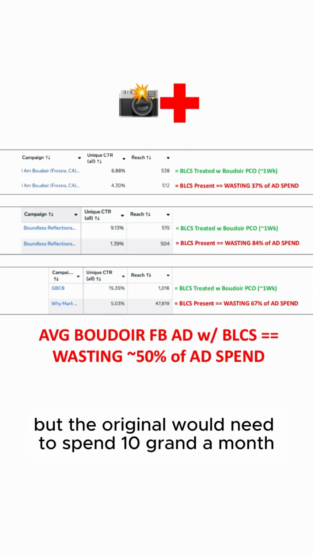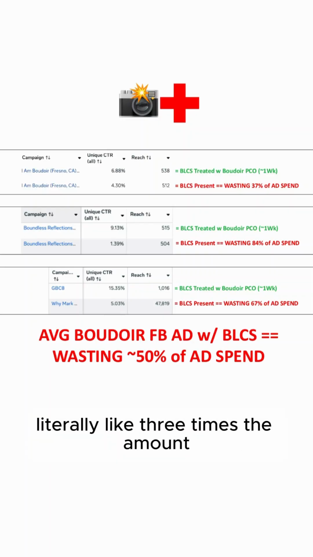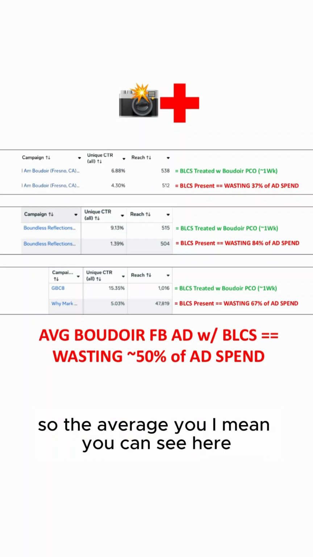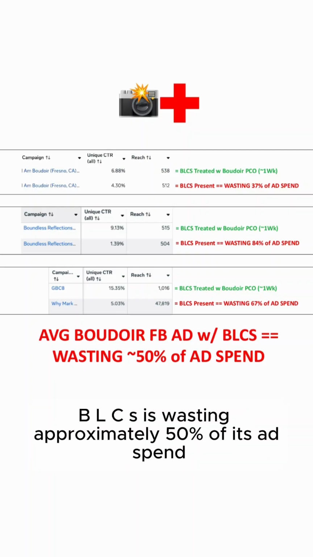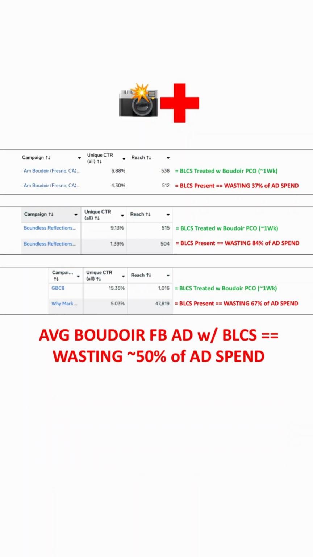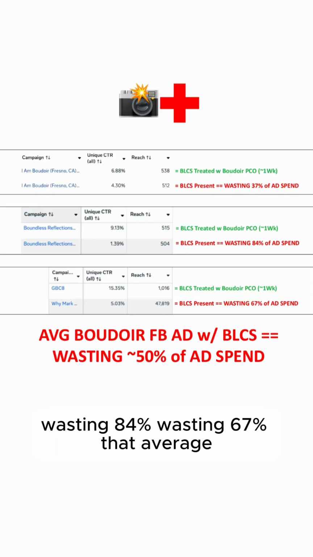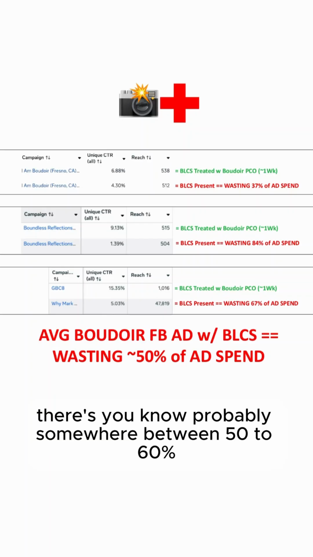But the original would need to spend 10 grand a month, literally like 3 times the amount as the Boudoir Pico treated one. So the average Boudoir Facebook ad with BLCS is wasting approximately 50% of its ad spend. The numbers here: wasting 37%, wasting 84%, wasting 67%. That average is probably somewhere between 50 to 60%.